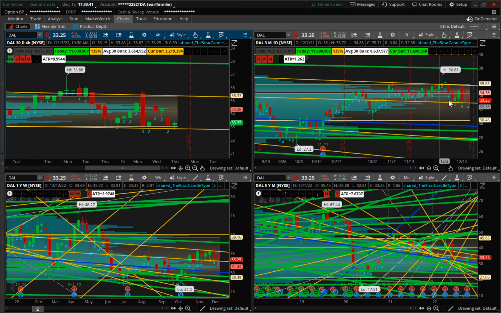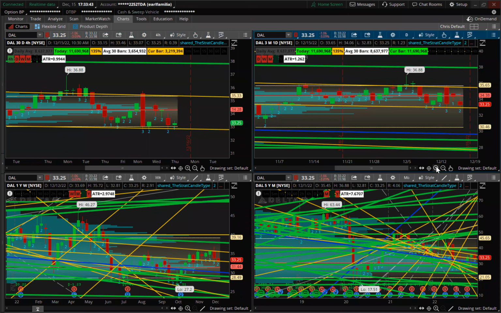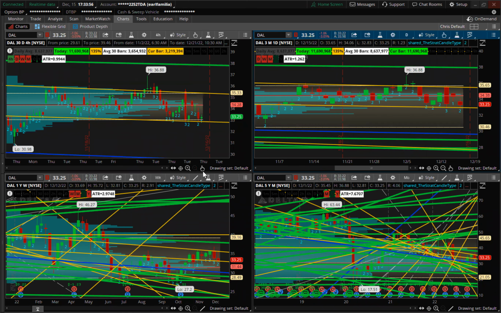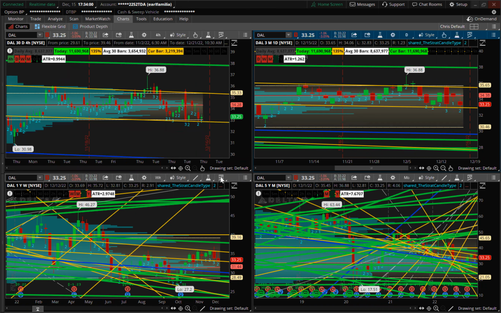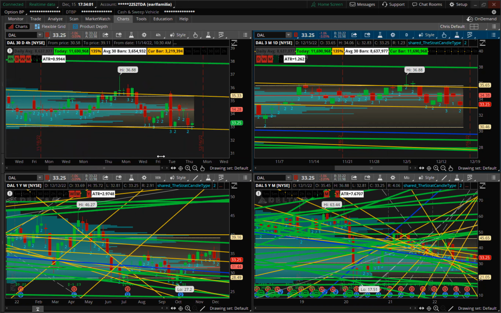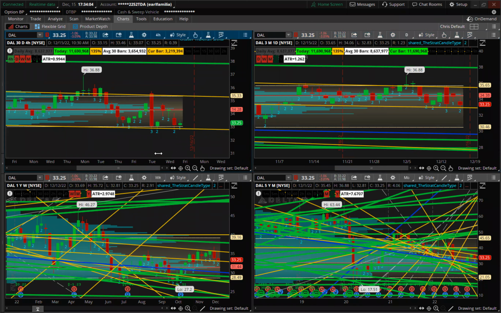Again, if I'm looking at Delta for the put side, I'd be cautious to take an entry right below or right above a broadening formation. That's always a red flag for me. And it looks as though price has been respecting that range. So I wouldn't want to take a put right there, just seeing what I see, unless you've got some additional information or you see spot continuing to pull down.